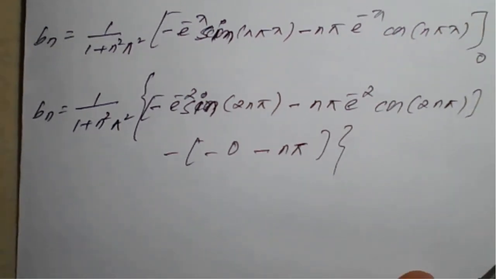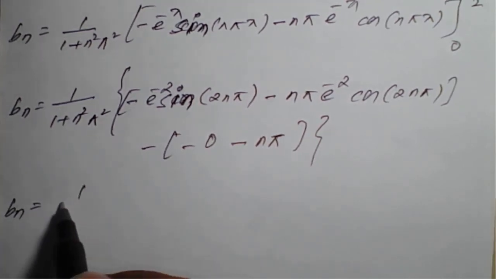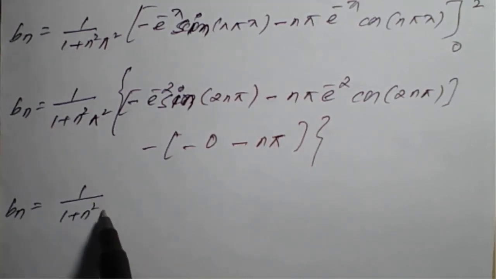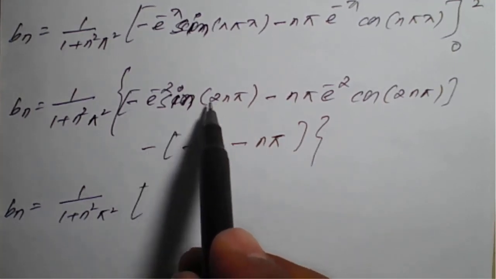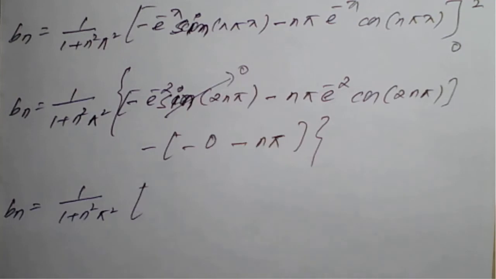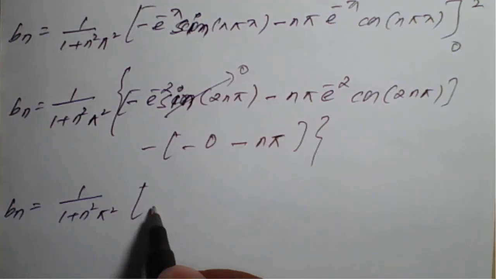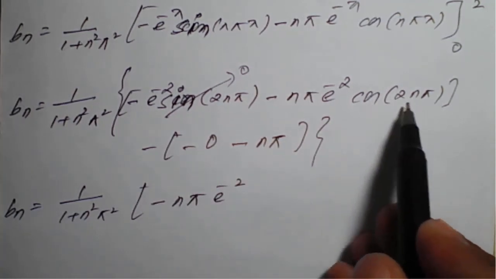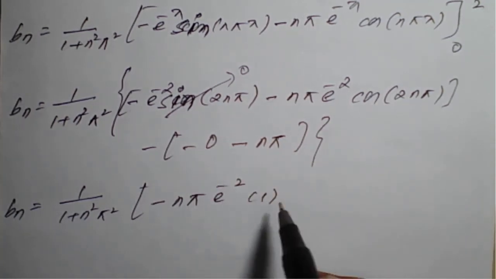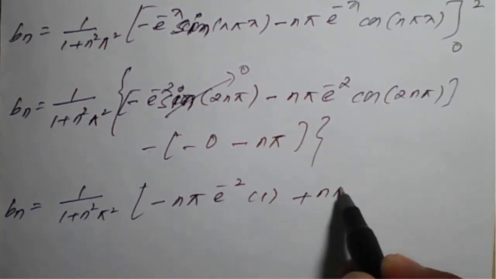So on final simplification, b_n is equal to 1 upon 1 plus n squared pi squared. But sine of 2n pi is 0, vanishes, so what is left here is minus n pi e raised to minus 2, cos 2n pi is 1, this minus into minus is plus n pi.